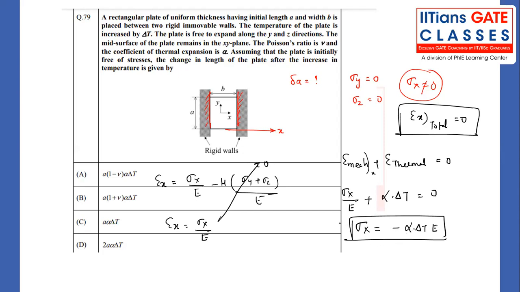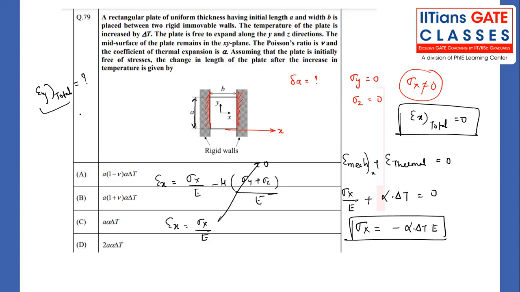We don't need to find that, but we have to find the value of delta A, the final change in the length. That means we have to find the total strain in the Y direction, because A is the dimension in the Y direction. See very carefully.